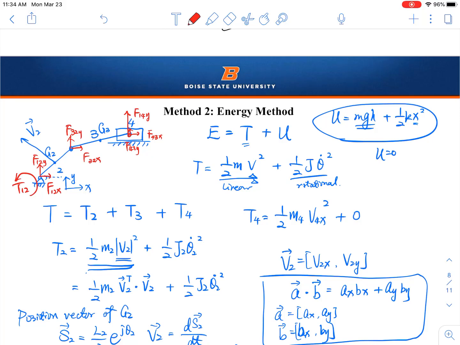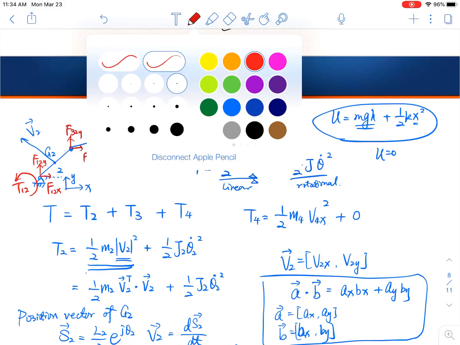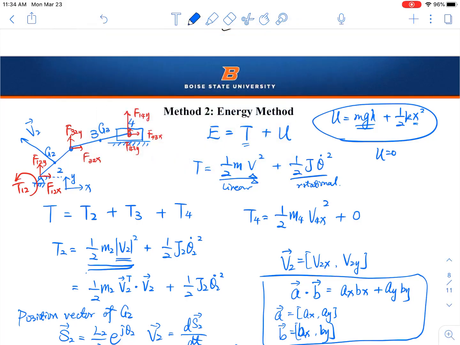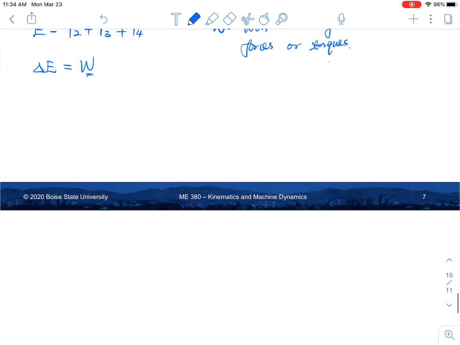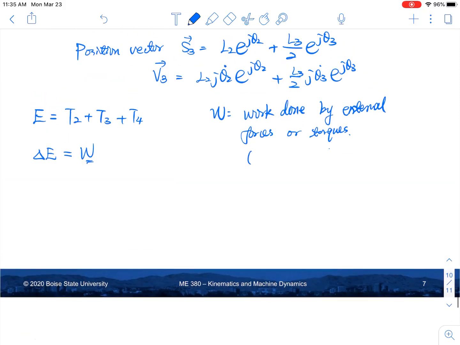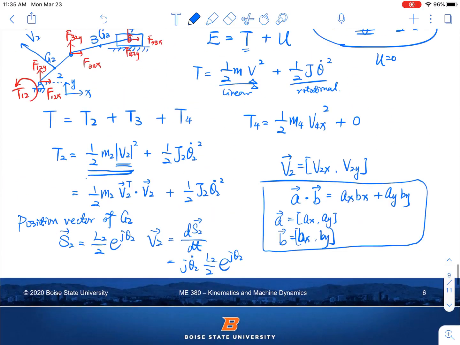Okay, so among all these forces, which forces and torque are considered as external force? For the external forces, we need to find all the forces provided by the ground or by the motor. So let's look at it here.